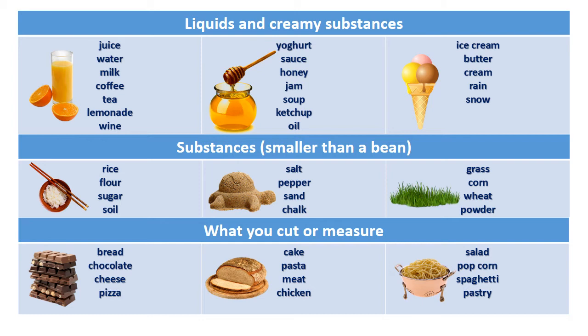Substances smaller than a bean: rice, flour, sugar, soil, salt, pepper, sand, chalk, grass, corn, wheat, powder.